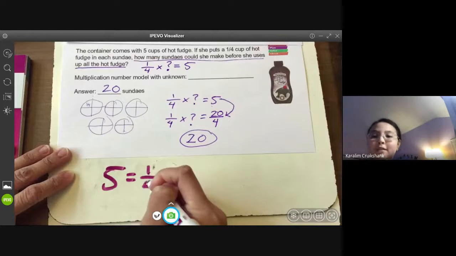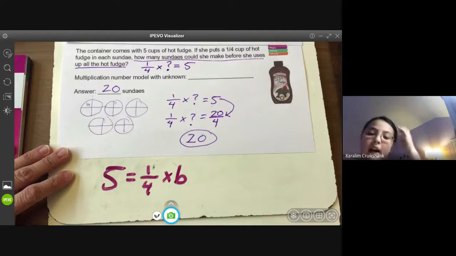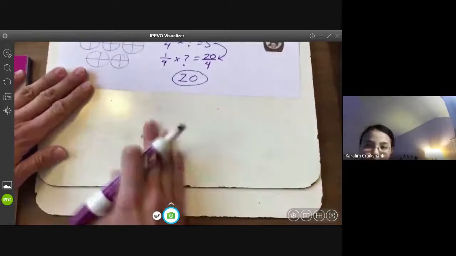And then you could divide 1 over 4 by 1 over 4, and you get 1. And on the other side, you could do 4 times 5, which is 20. So b equals 20.